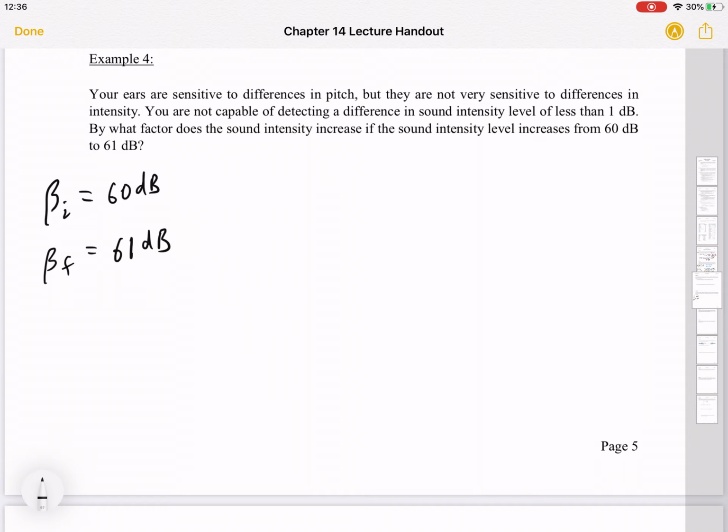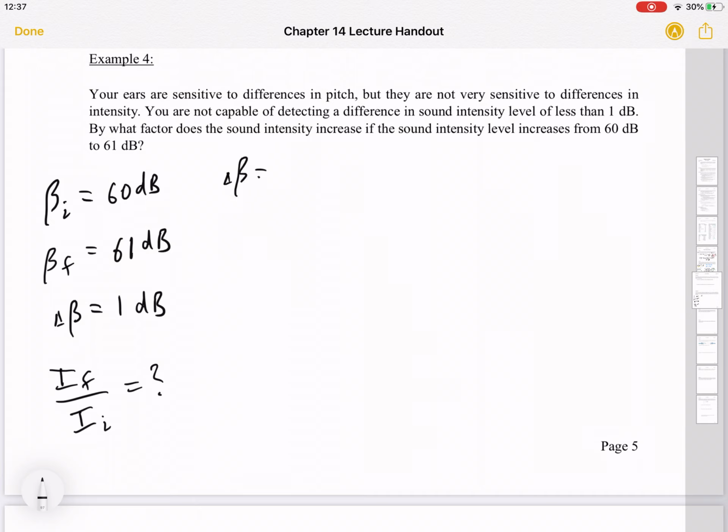So that the increase, my delta beta, is 1 decibel. I want to know what is the ratio of these intensities, I final to I initial. So how could we find that? Well, you could solve for I final and I initial, but I don't have a distance to anything here. So there's some math magic we can do here.